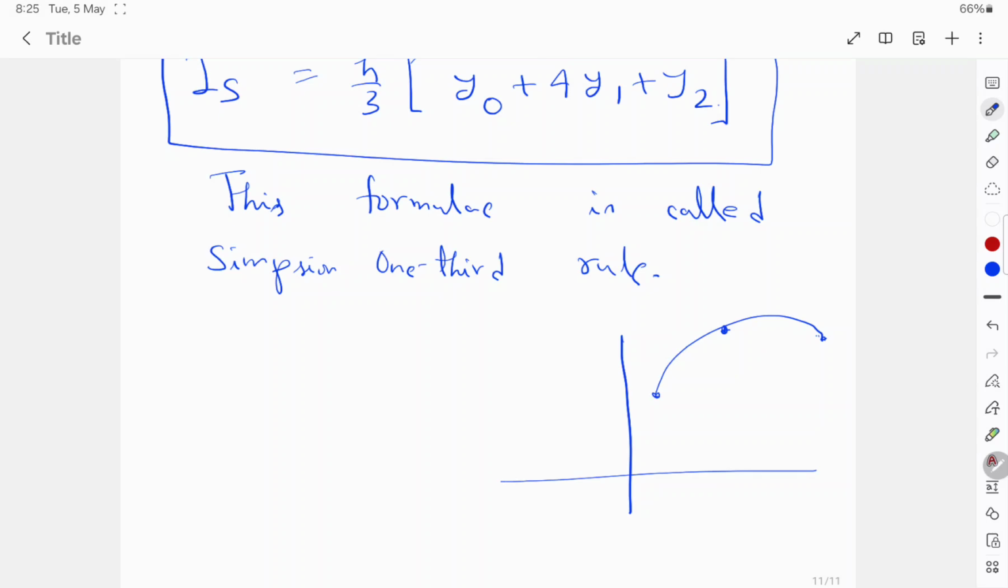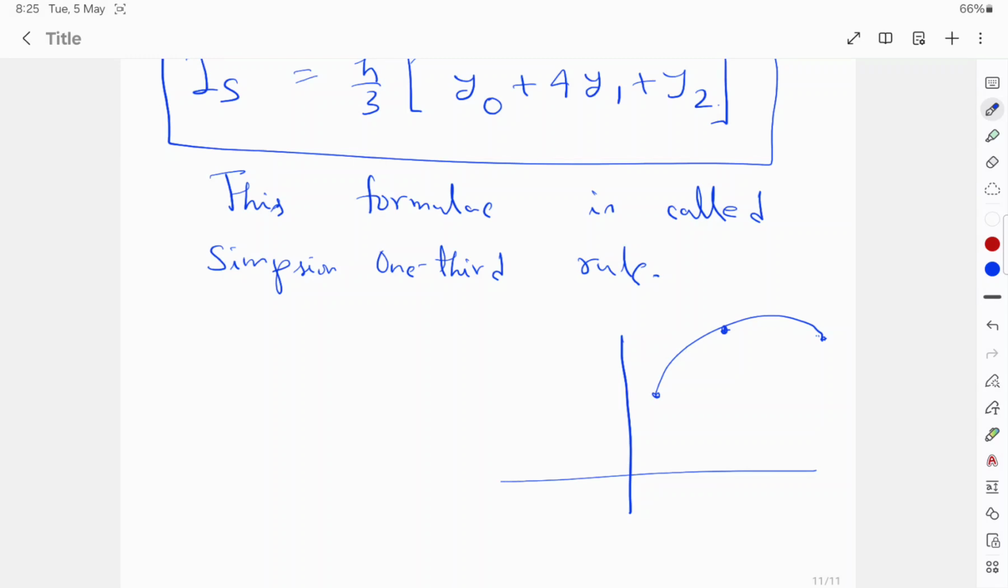But whenever you use this with the composite rule, like we did for trapezoidal, where you break the integration into several parts and apply the formula in each part, remember that the number of intervals must be even.